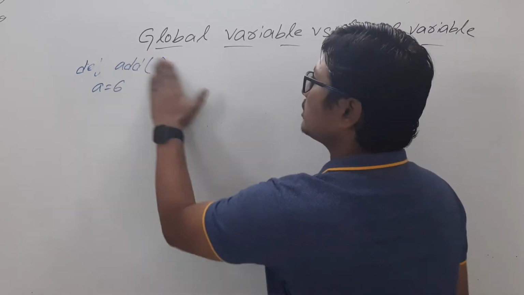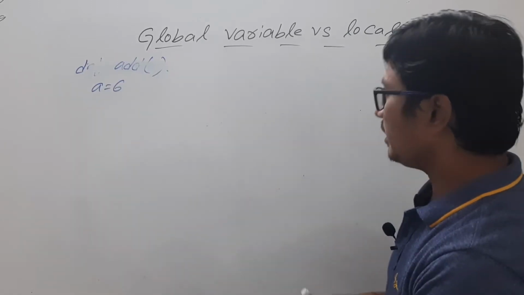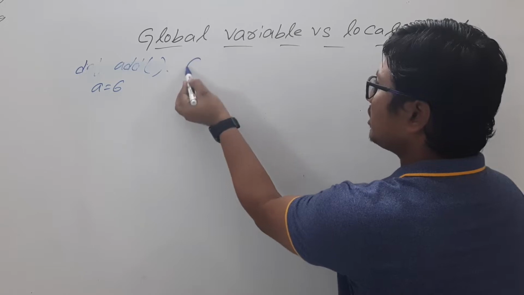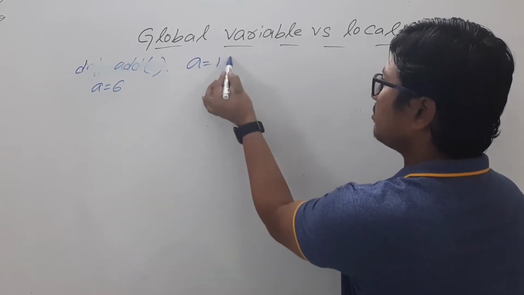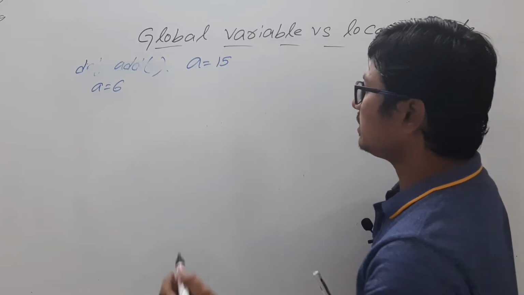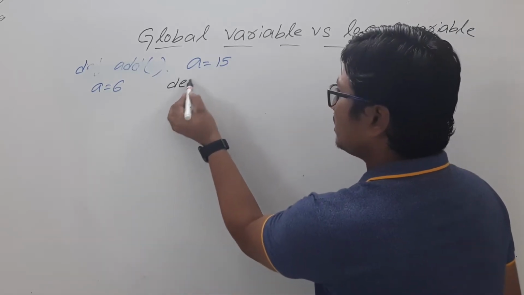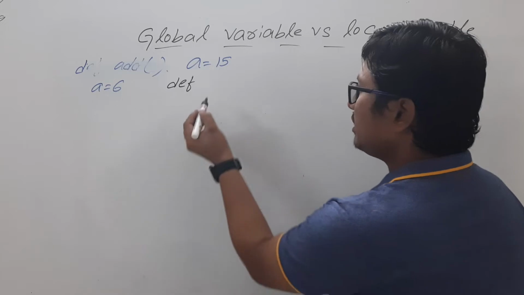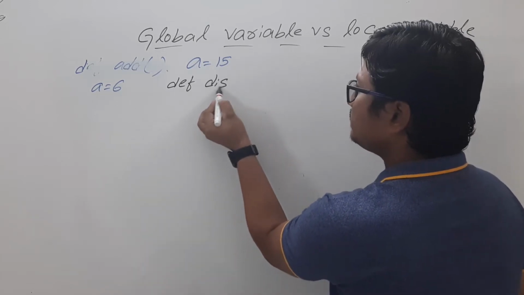Let me take a small program. Let me start with a variable a and assign some value 15 to it. Then I have defined a function called display.